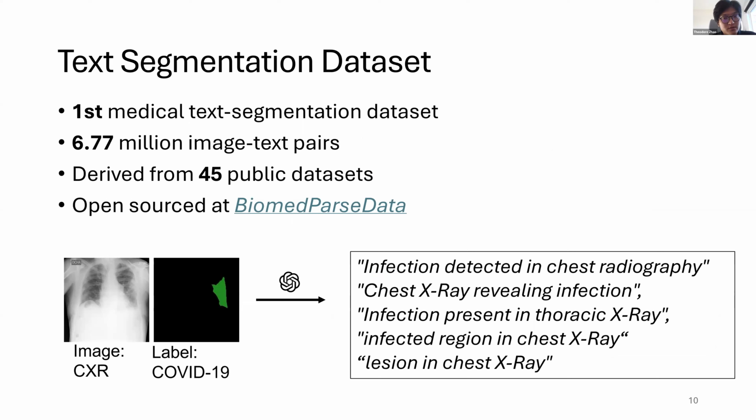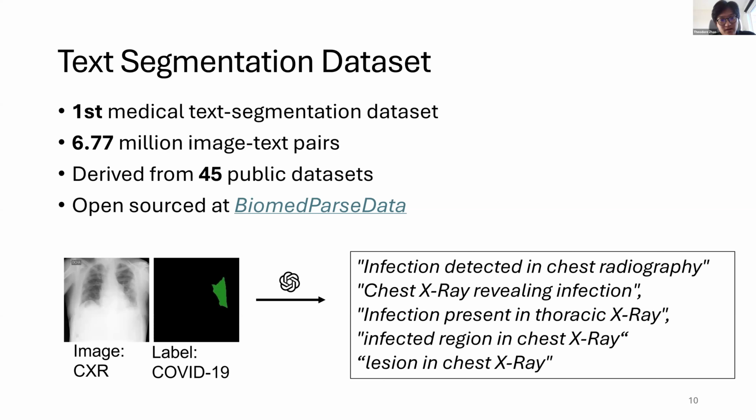So by using this definition, we created the first text segmentation dataset. It contains more than 6 million image and text pairs, derived from 45 public datasets. And the creation of the dataset used, at that time, a GPT-4 model to create these prompts.